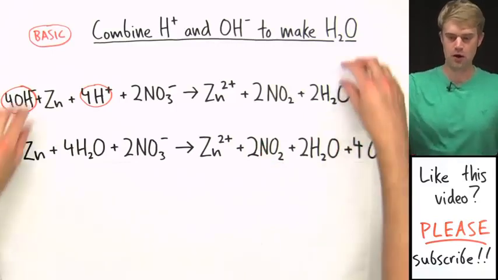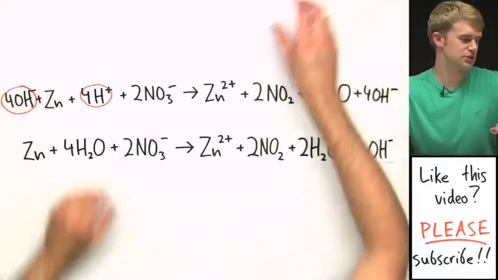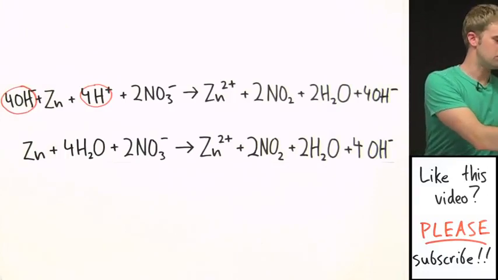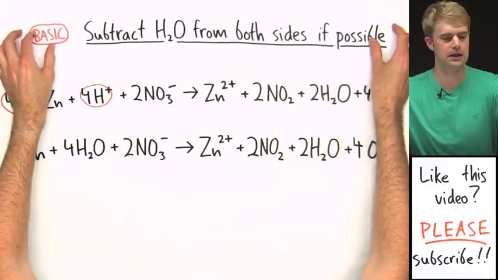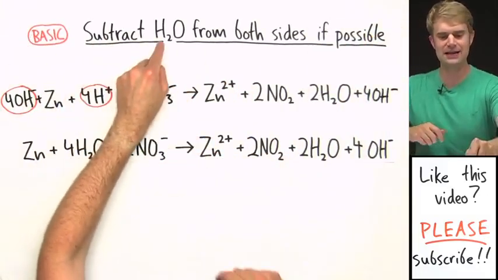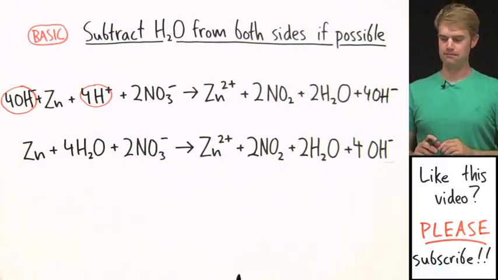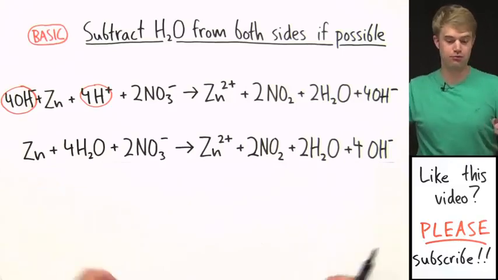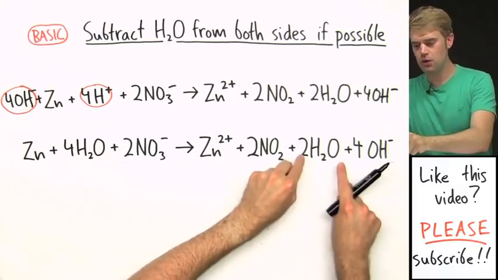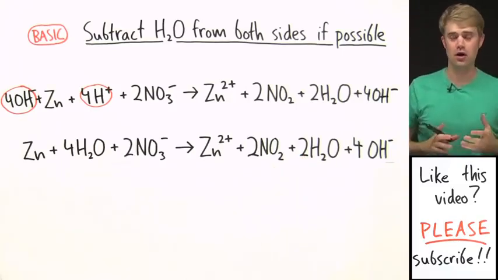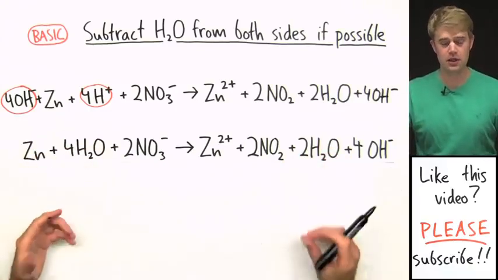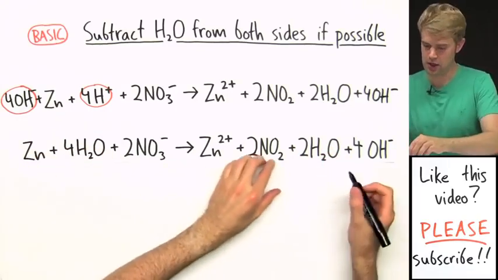Okay, so now our last step for basic solution here is that I'm going to subtract H2O from both sides if possible. Okay, think of this sort of like a math problem. I have H2O here and I have H2O here. So I can subtract something if it appears on both sides.